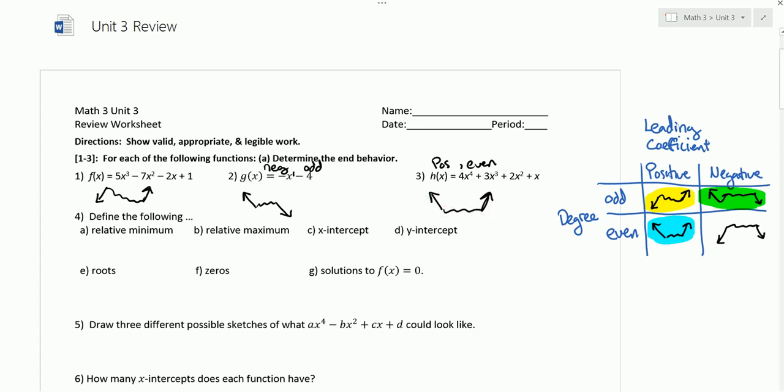Alright, number 4 says to define the following. A is a relative minimum.